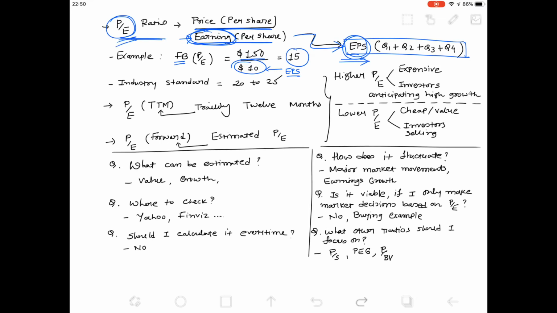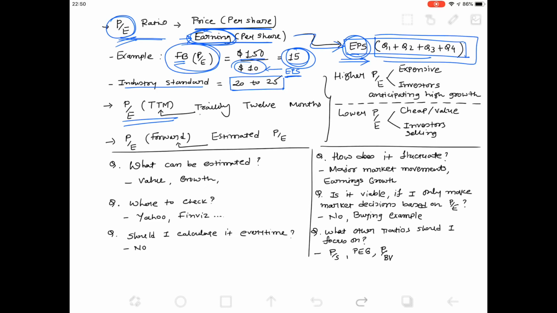Okay, now the industry standard for PE ratio is 20 to 25. If for any company the PE ratio is between 20 to 25, it is considered a good value stock. Now, as we discussed already, we are using all 4 quarters earning here, EPS for last 4 quarters.